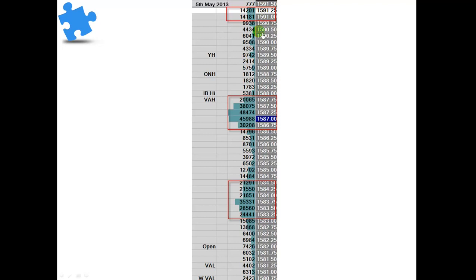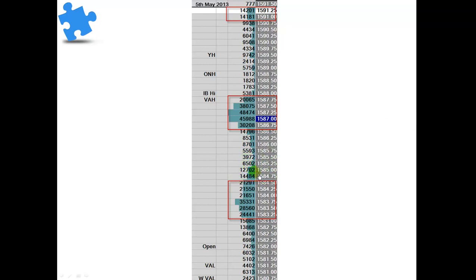So for those of you that understand volume profiles, you can wait for these areas to form. You can buy the bottom of a high volume area, you can scale some off at the top, and then you can hold for another push up. Alternatively, you can wait for the market to pop out and then come back and retest the top of that volume cluster.